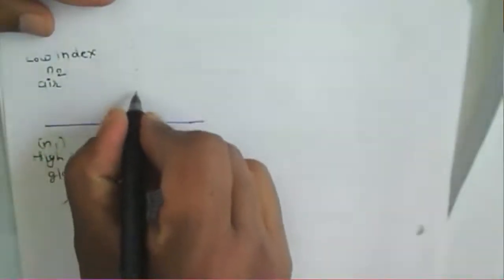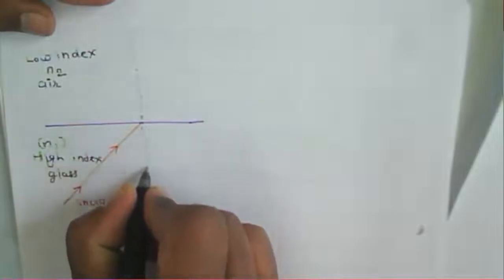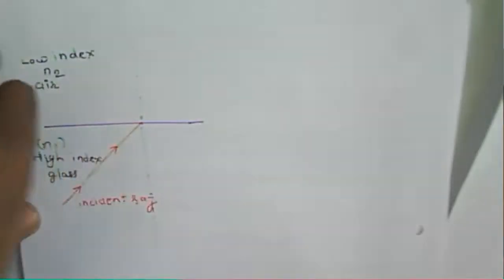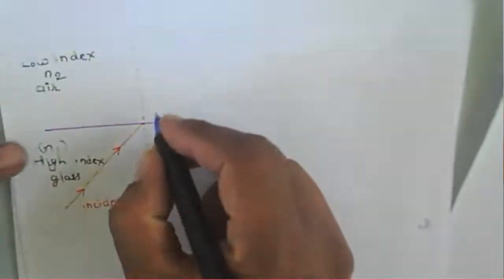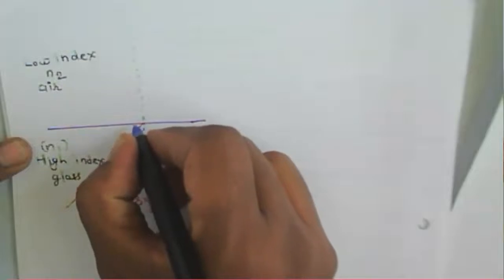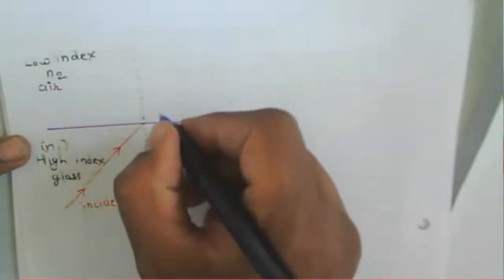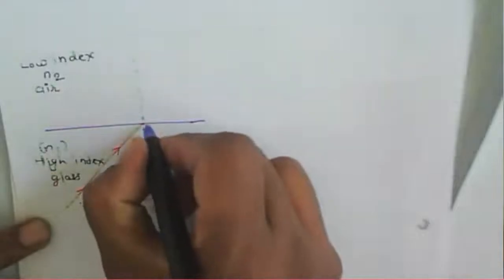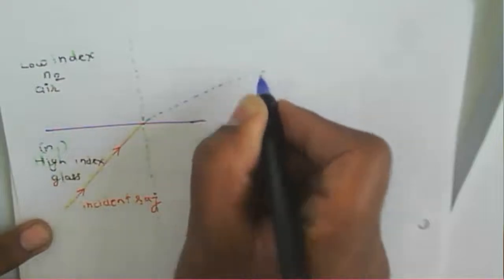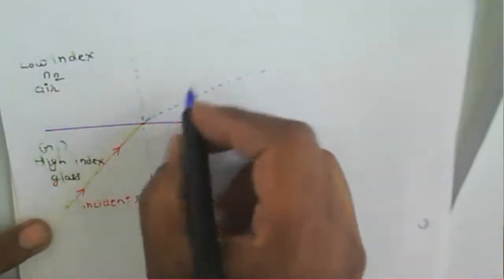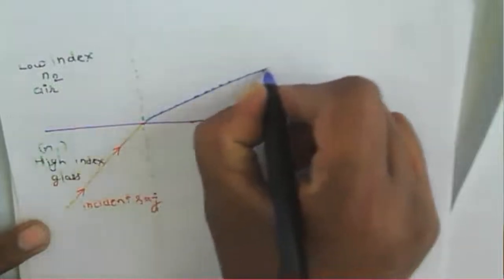We need to consider the normal at this particular surface, because all these angles we need to consider with respect to the normal. This is the angle of the incident ray. The expected path is to propagate straight this way, but it does not propagate directly. It will be just like an exit ray.